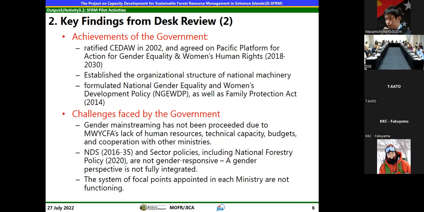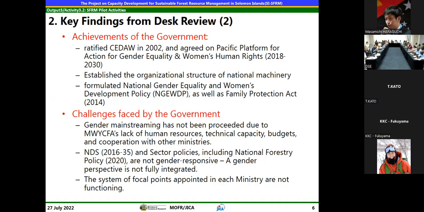Okay, some of the challenges we found. The Ministry of Women has few resources in terms of capacity building funds. Not only resources for economic empowerment, leadership, and violence, but there is no focal point for natural resources and forestry. So what is really needed is providing that technical capacity.